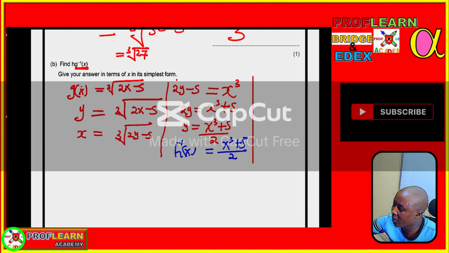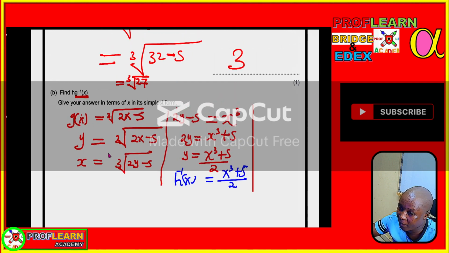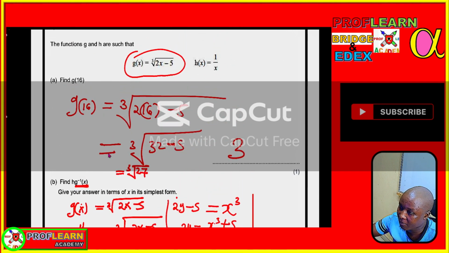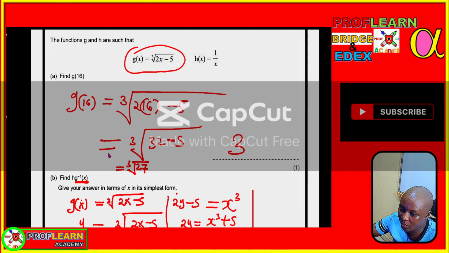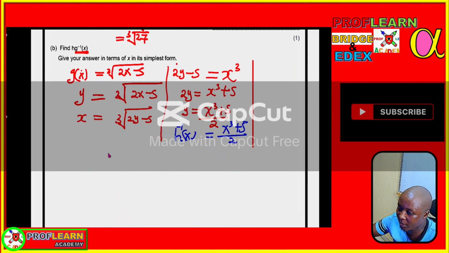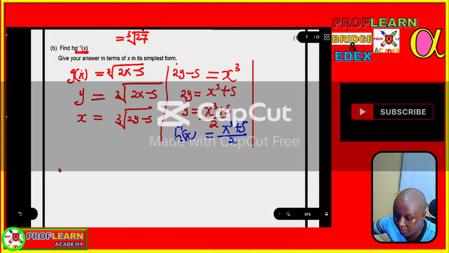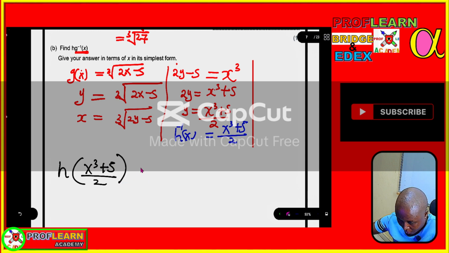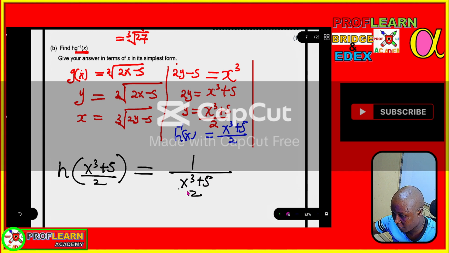Then we are going now to do h of that. We can see h is 1 over x. So anywhere we have x, we are going to put that. So we are going to say h of x cubed plus 5 over 2, and that is going to be 1 over x cubed plus 5 over 2.